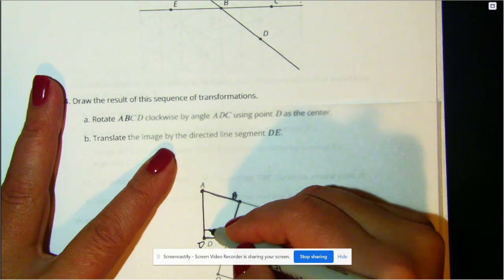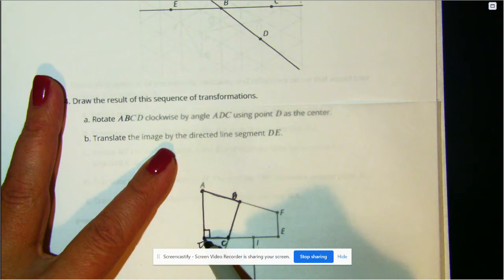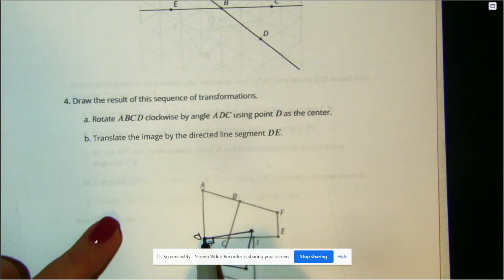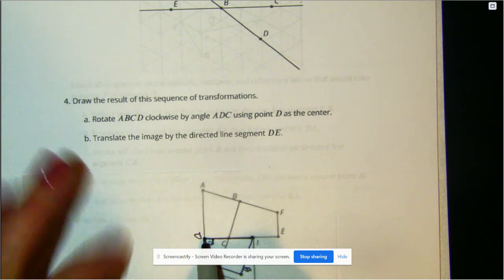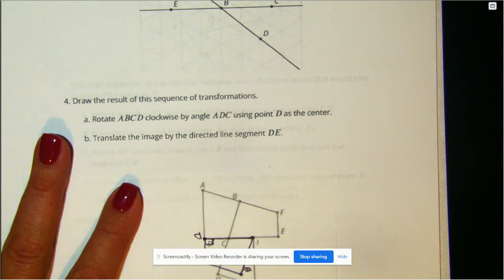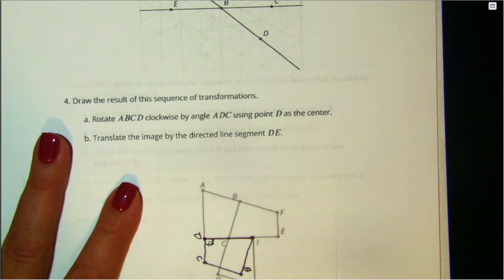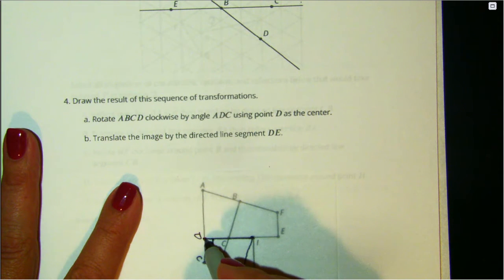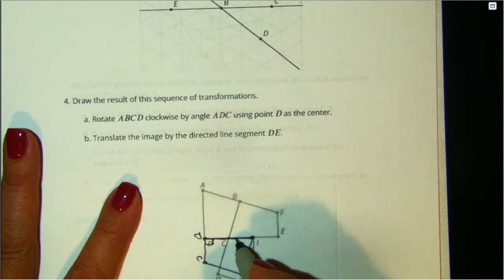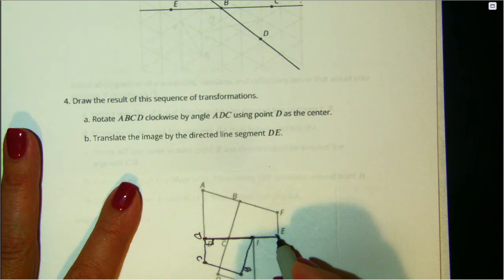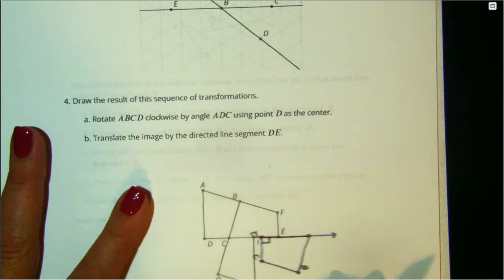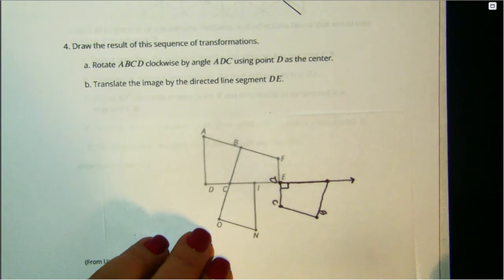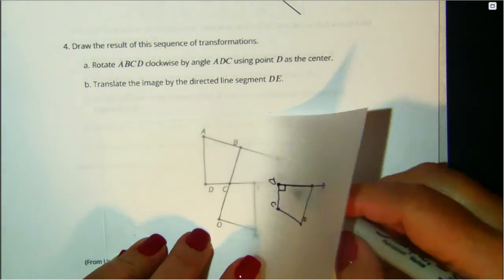ADC is a 90-degree angle. So I'm going to rotate it like this. Then it says translate the image by directed line segment DE. So now I'm going to slide it from here all the way till I get to this end right here. So there's my new picture, my image.